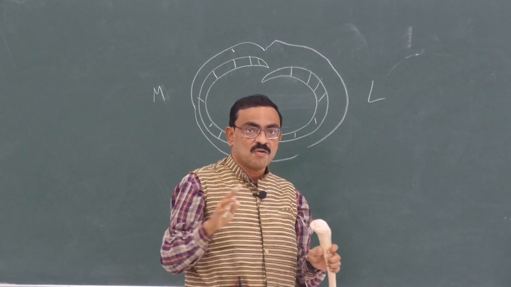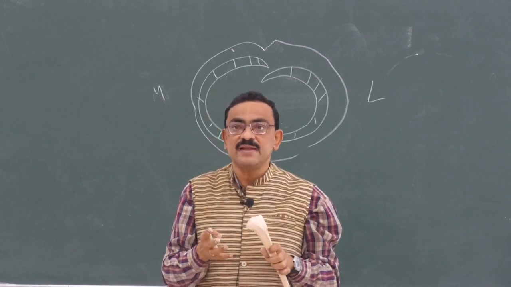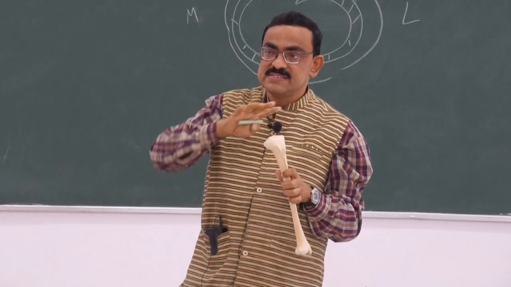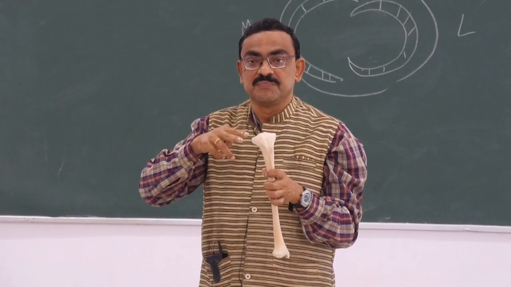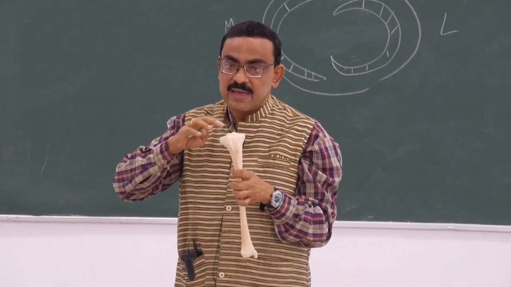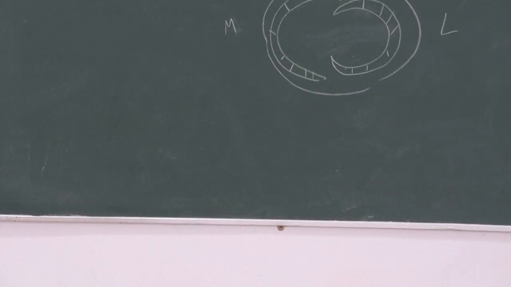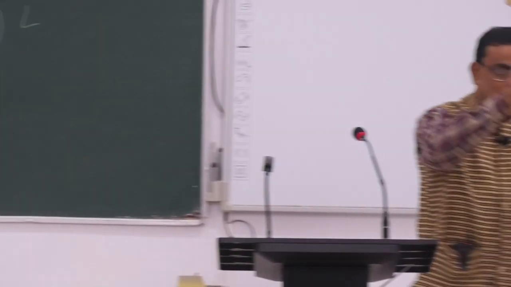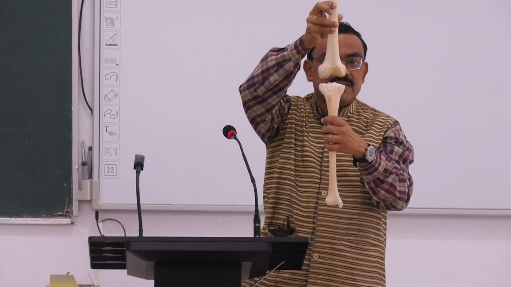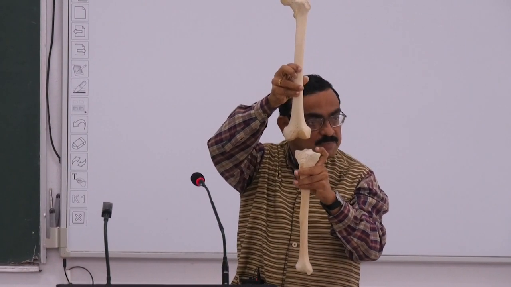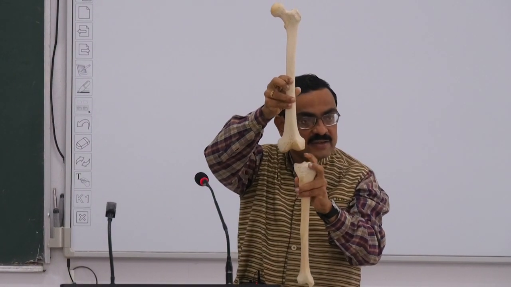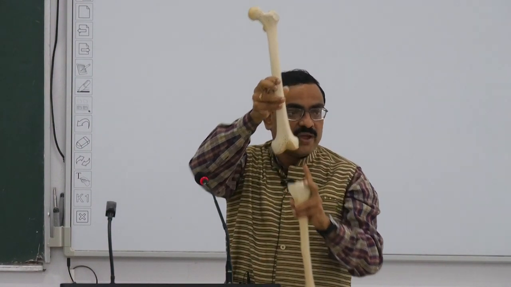So this joint is divided by these two cartilages. This joint is actually divided by the presence of two cartilages, one on the medial side and one on the lateral side. So it is a complex joint.